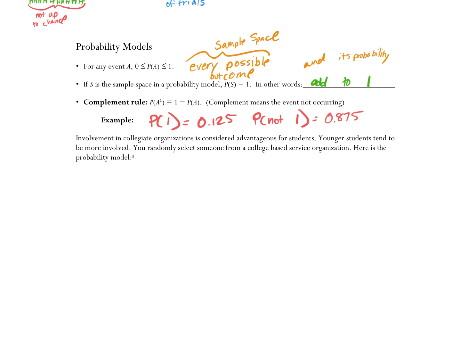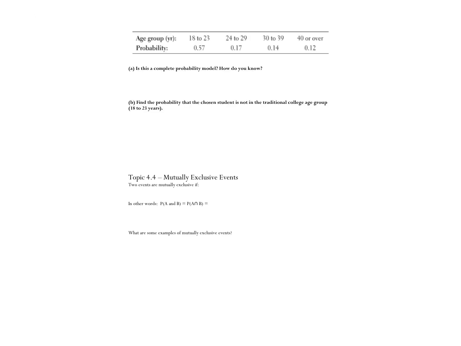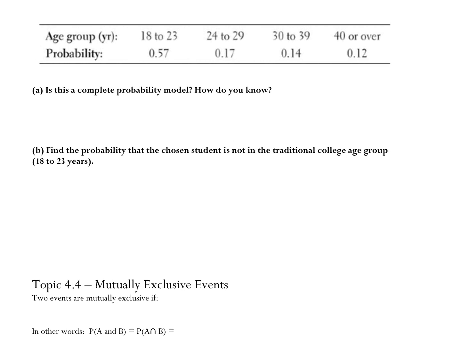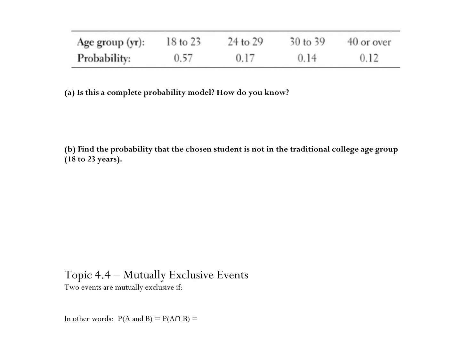All right. So I have an example for you. The event we're describing is randomly selecting an adult student from a university. This is the probability for each age group. Okay? So, is this a complete probability model?